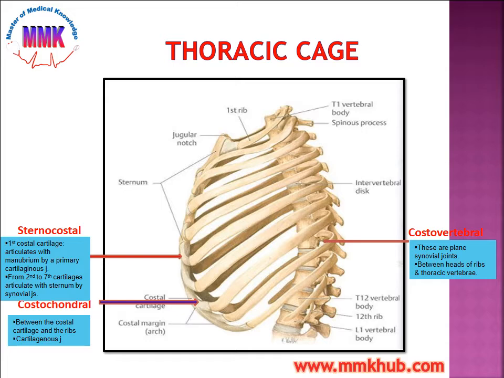The costochondral joint is the joint formed between the costal cartilage and the ribs, and the type of joint is the cartilaginous one, while the costovertebral joint is the joint between the heads of the ribs and the thoracic vertebral bodies, and these are plain synovial joints.